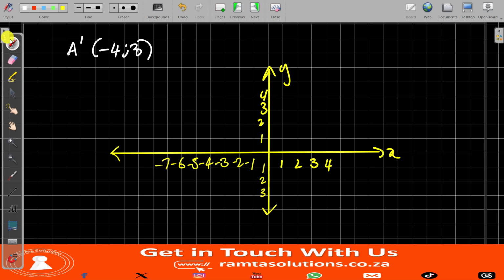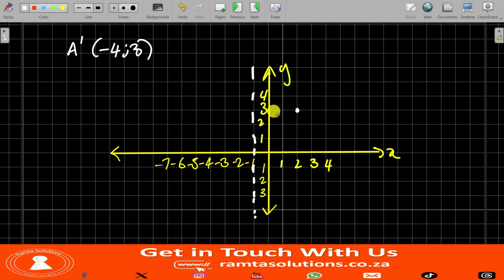So our point is A, which was 2 and 3. 2 and 3 is this one here. Our reflecting line was x equals -1, which is this one here, isn't it? So graphically, let's now count the distance.